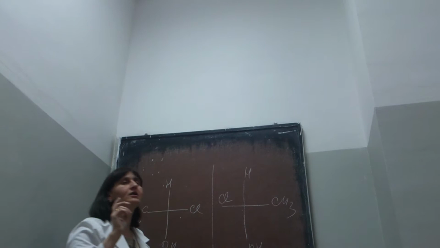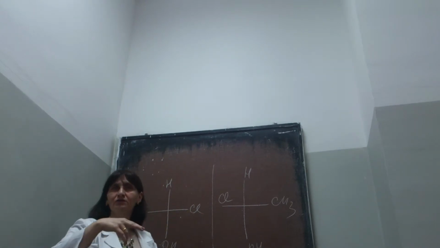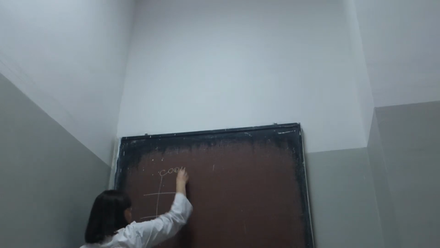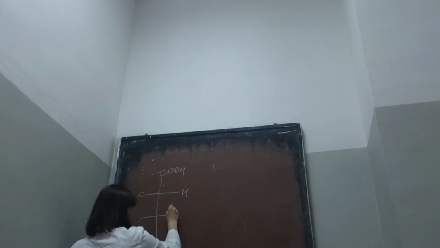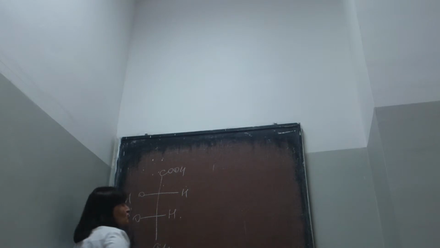Now look. If we consider molecules in which you have 2 chiral carbons, for example. Look, if you have two chiral carbons, this is one version.